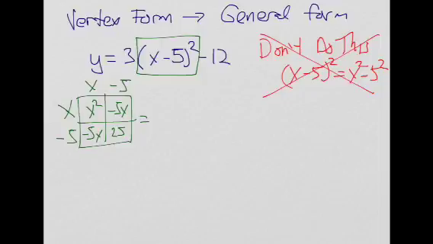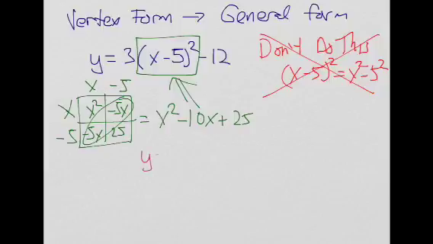And I add those terms together and I get x squared minus 10x as I combine my like terms, and I have 25. That's my binomial squared.